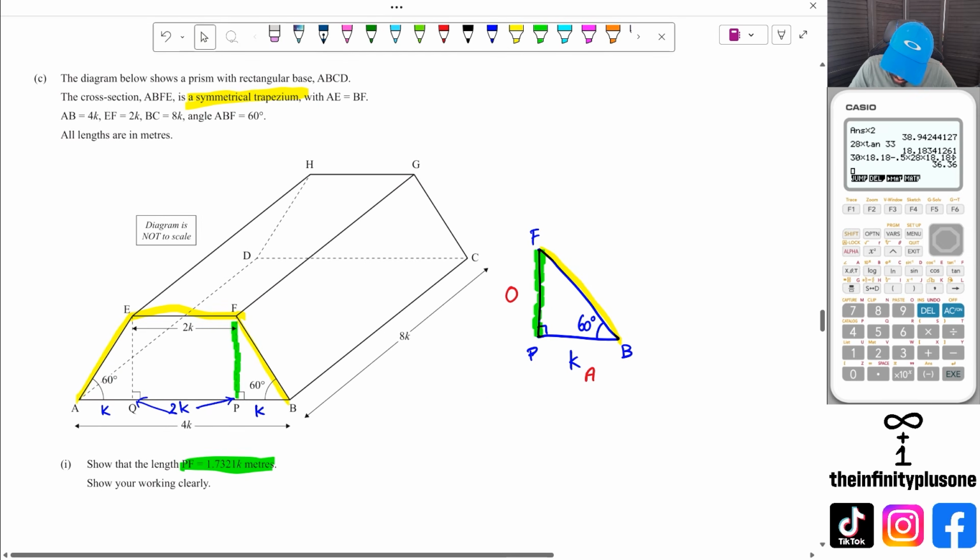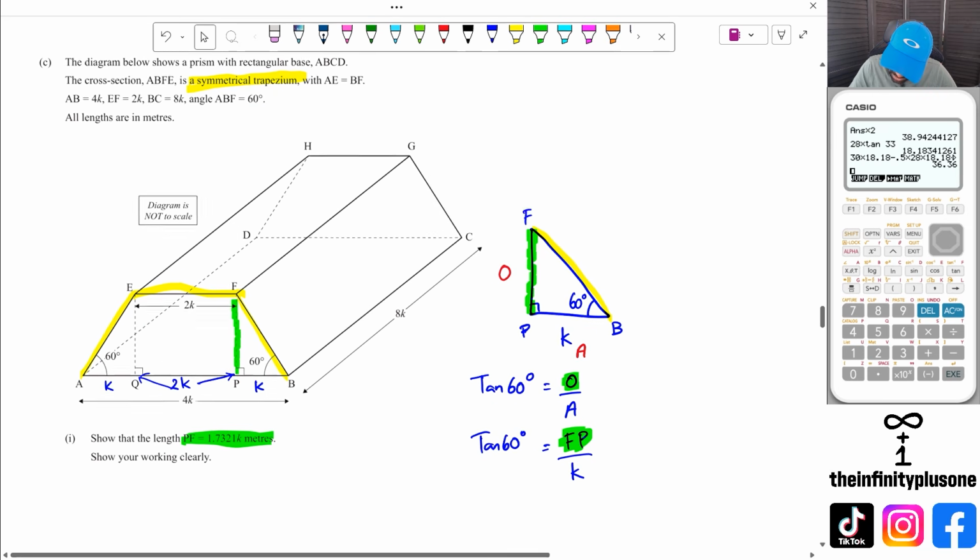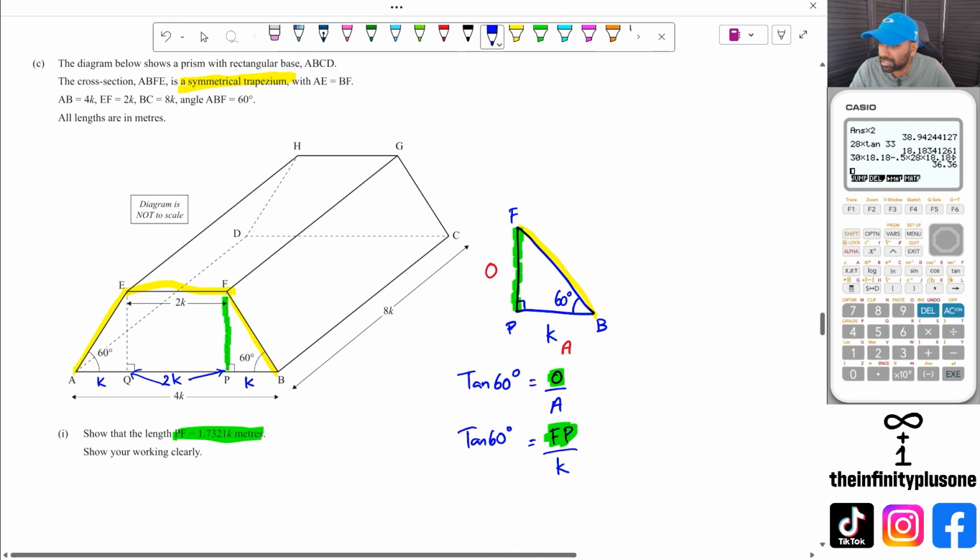So I'm going to use TOA, so tan. Tan of 60 degrees is opposite over adjacent. Now the opposite is FP, which is the green highlighted part, and the adjacent happens to be K. So I'm going to cross multiply this, but let's actually do tan 60 first on the calculator.